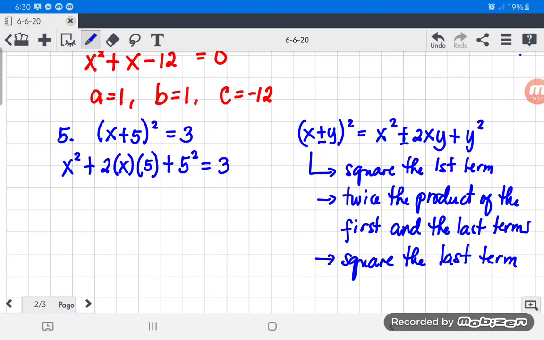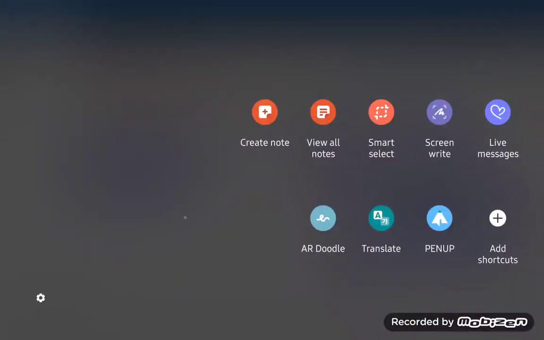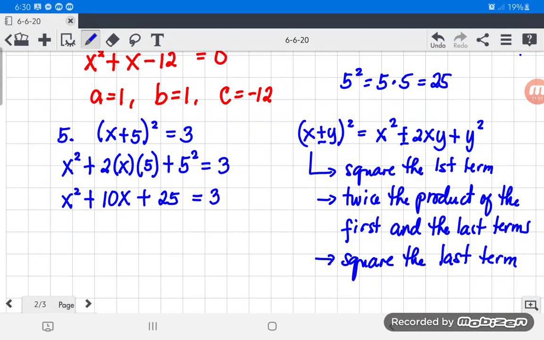Next, we have to multiply. We have x squared plus 2 times x times 5, we have 10x, plus 5 squared. So 5 squared is equal to 5 times 5, that is 25. So plus 25 equals 3.